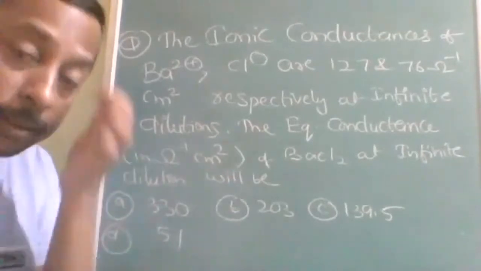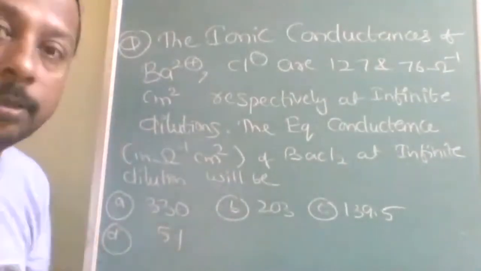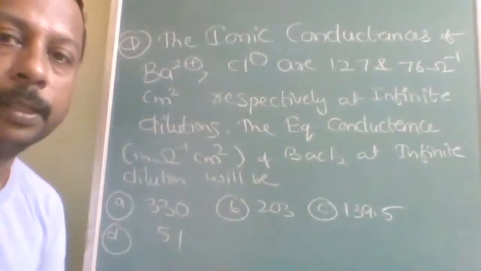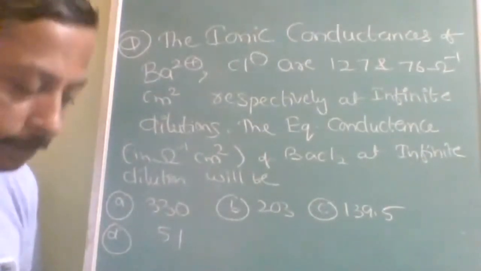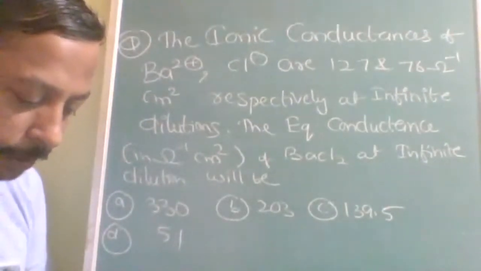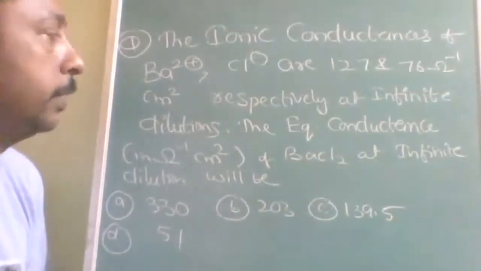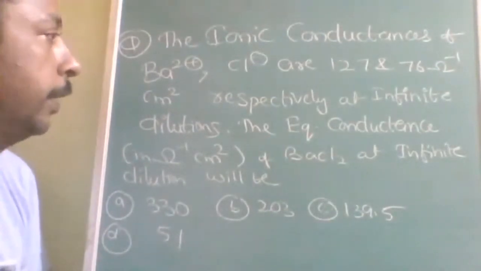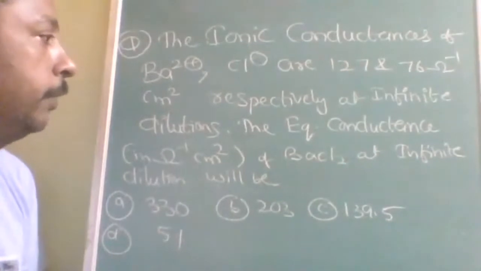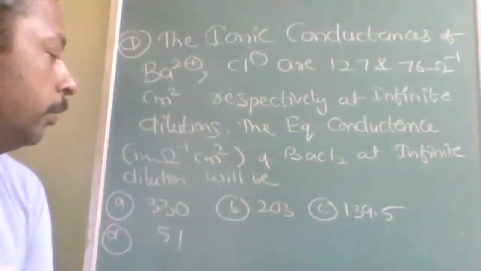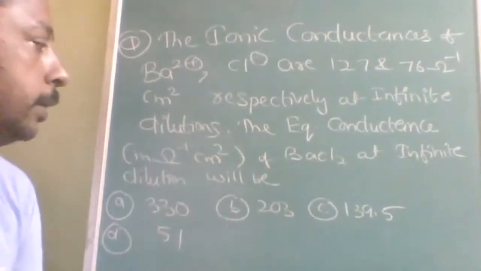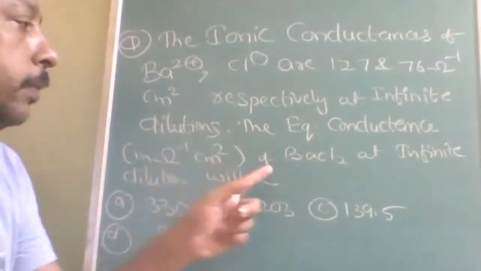Okay, next question. Ionic conductances of Ba2+ and Cl- are 127 and 76 ohm inverse centimeter square respectively at infinite dilution. Then you have to find out the equivalent conductance of BaCl2 in ohm inverse centimeter square.